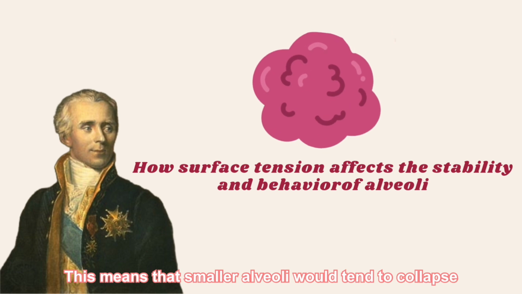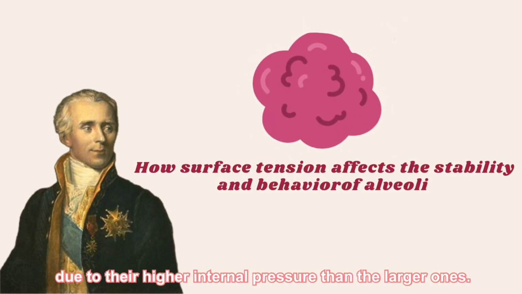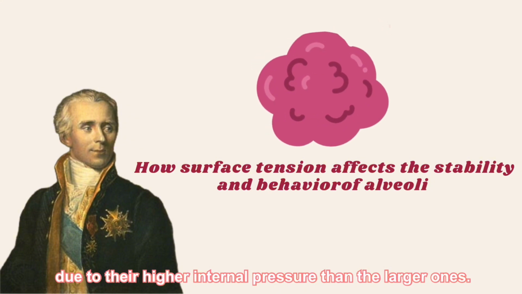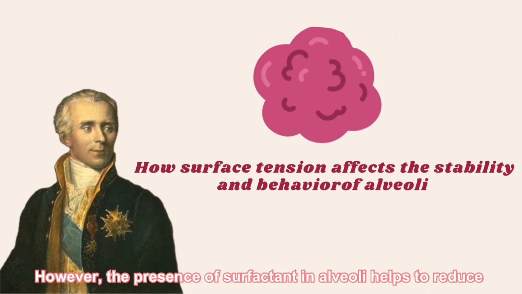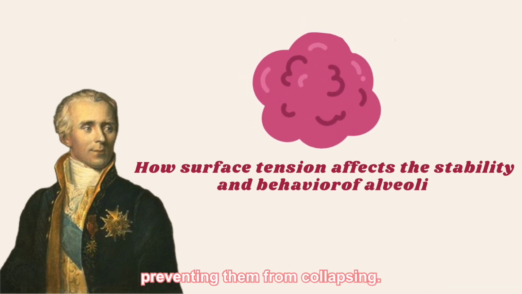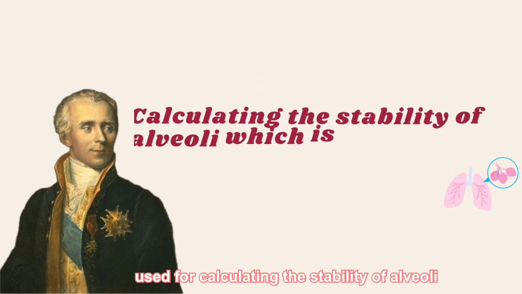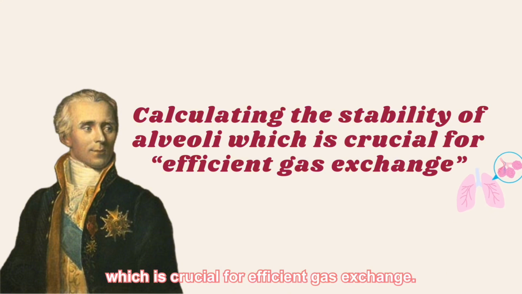This means that the smaller alveoli would tend to collapse due to their higher internal pressure than the larger ones. However, the presence of surfactants in alveoli helps to reduce surface tension and lower the pressure, preventing them from collapsing. It is used for calculating the stability of alveoli, which is crucial for efficient gas exchange.